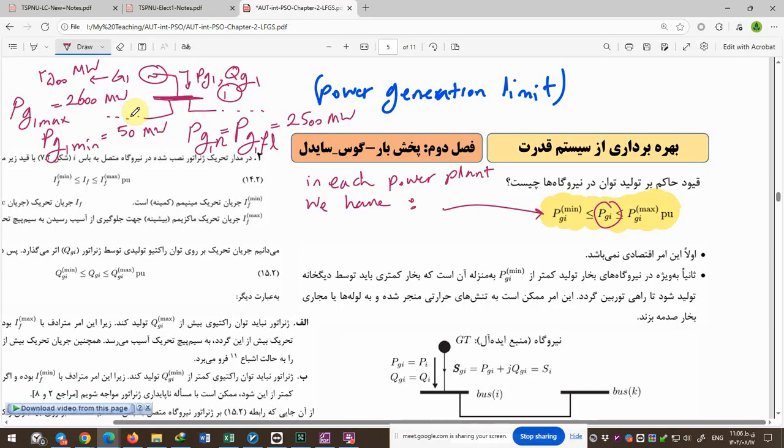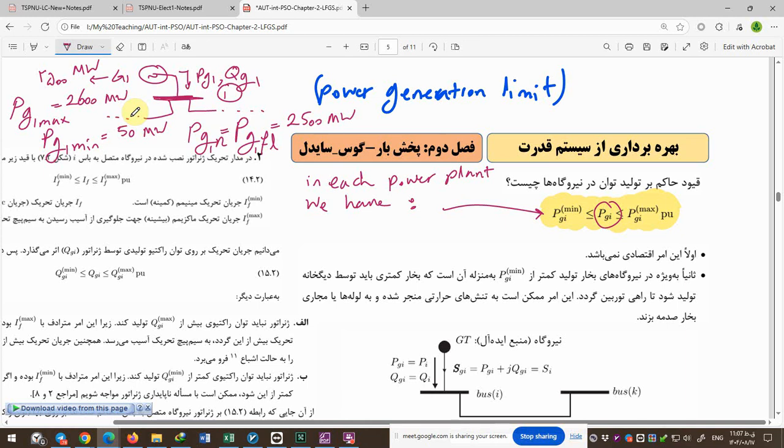Why can we not generate less than 50 megawatt, for example? It's because the mechanical construction of the generator imposes a minimum generation.